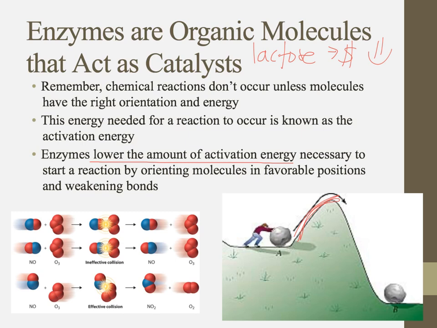What enzymes do is they reduce the amount of energy that you need in order for that collision to result in a reaction by placing those molecules in a favorable position and kind of weakening their bonds. So they make sure that those molecules collide at the right angles, in the right place, so that you don't need as much energy in order to get them to react.